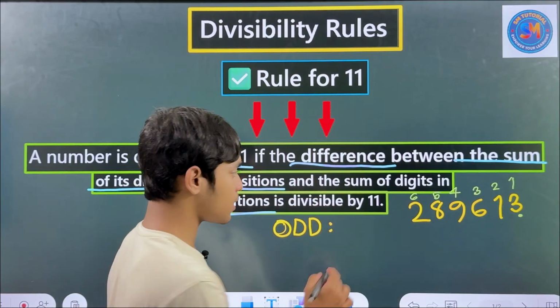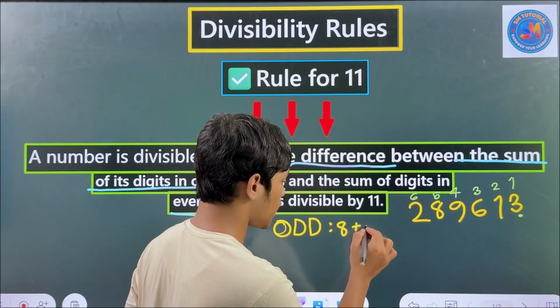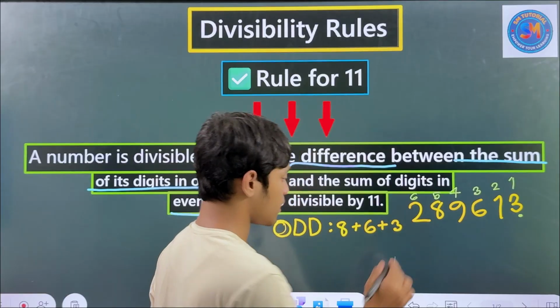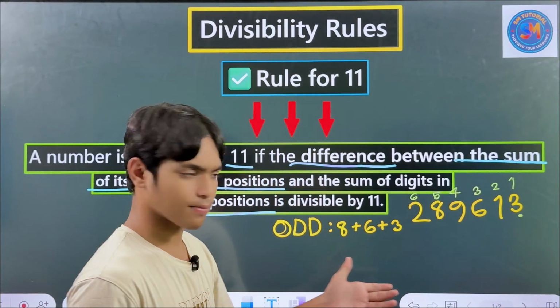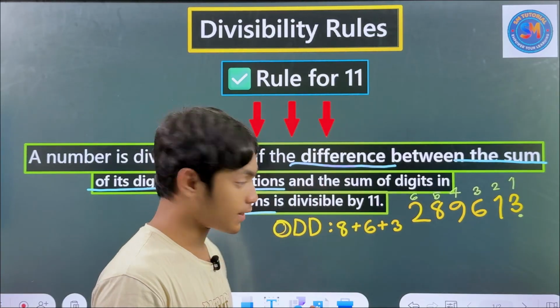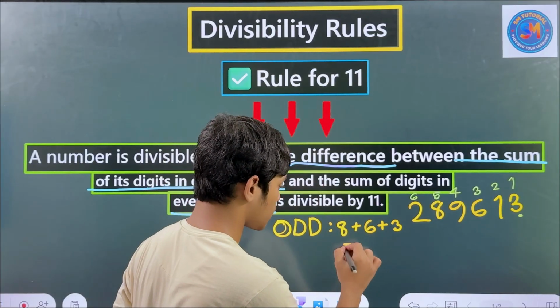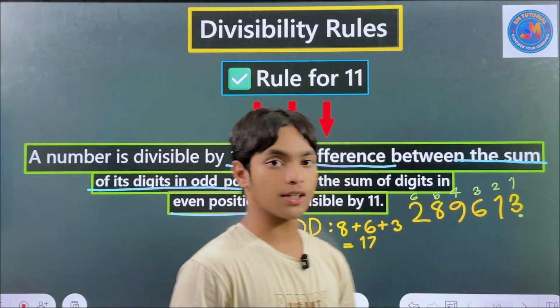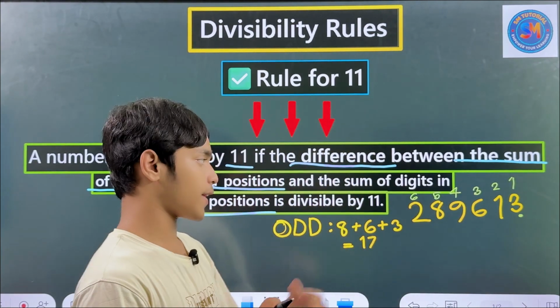The sum is 8 plus 6 plus 3. It's 14 and 3 is 17. So the sum for odd positions is 17, and now we have to find the sum for even positions.